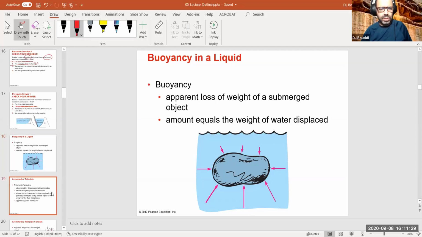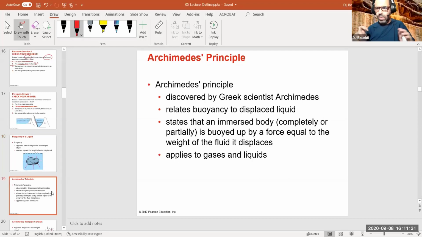So this observation was supposed to have been made by Archimedes, who basically came out of his tub in his natural clothes, yelling "Eureka, Eureka, Eureka," namely that I found it. And that is Archimedes' principle, called after him from that point on. Discovered by the Greek scientist Archimedes, it relates buoyancy to displaced fluid.